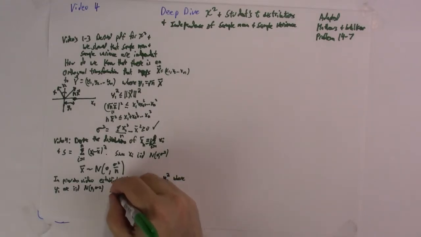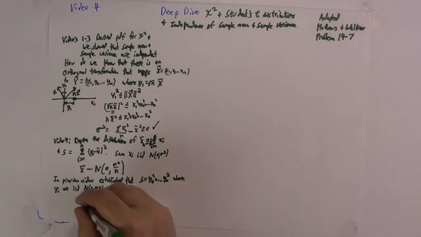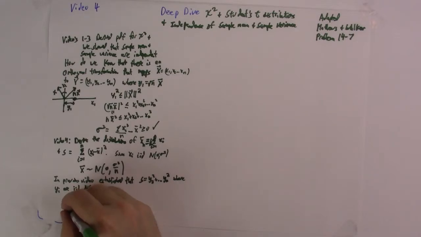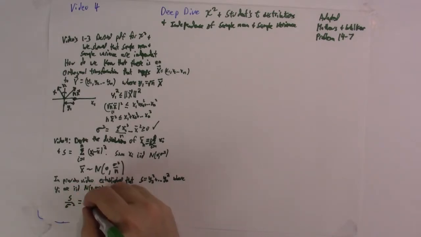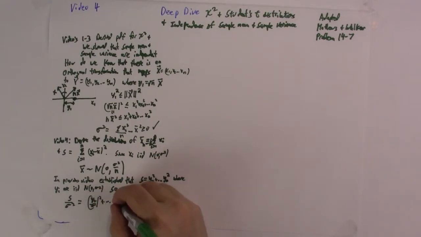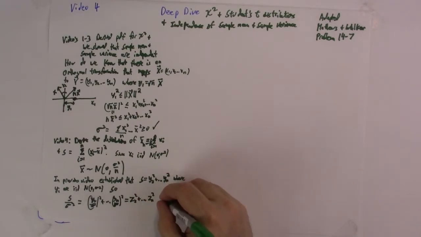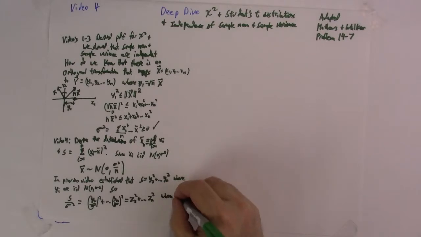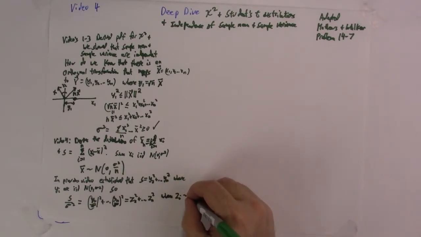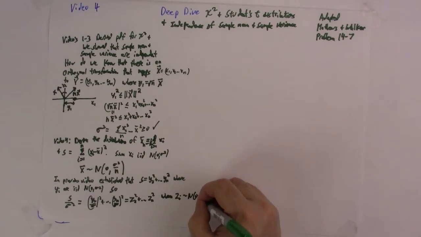So s over sigma squared is equal to y2 squared over sigma squared plus dot dot dot yn squared over sigma squared, and this is just equal to z2 squared plus dot dot dot zn squared, where zi is normal 0, 1.